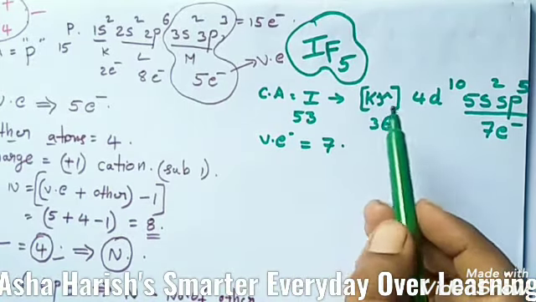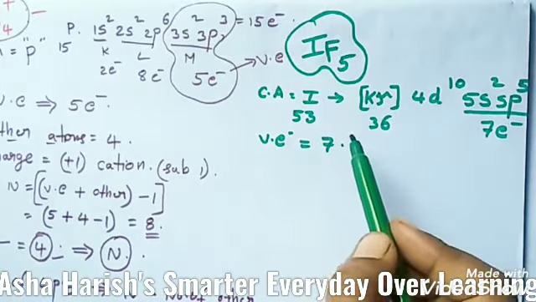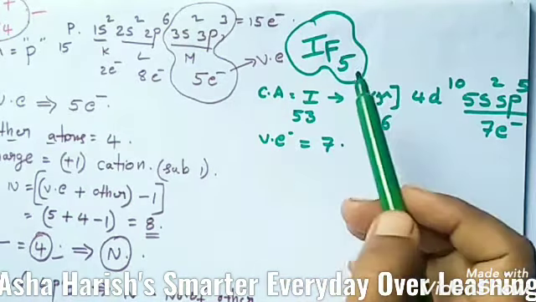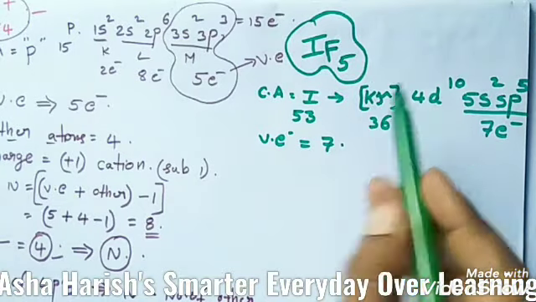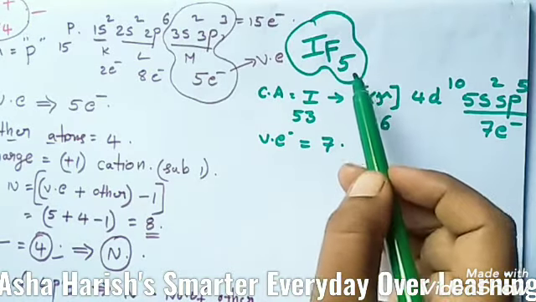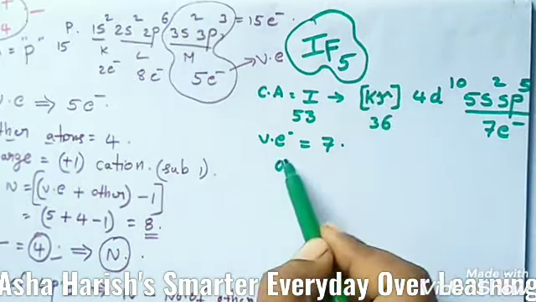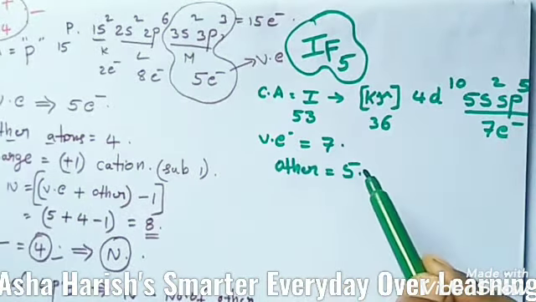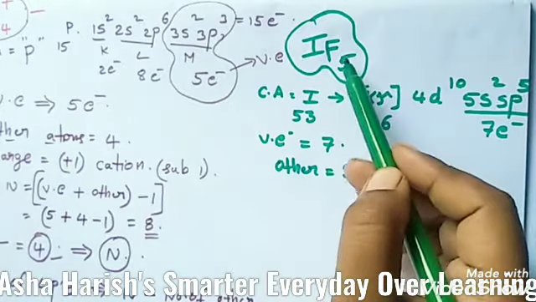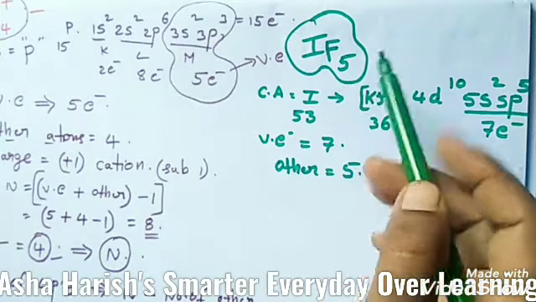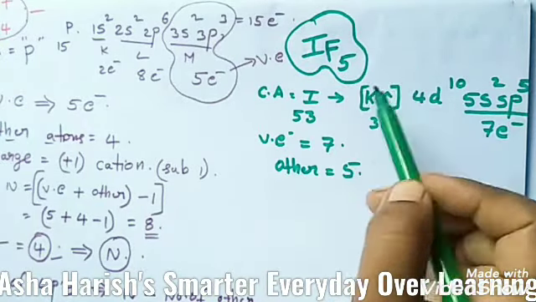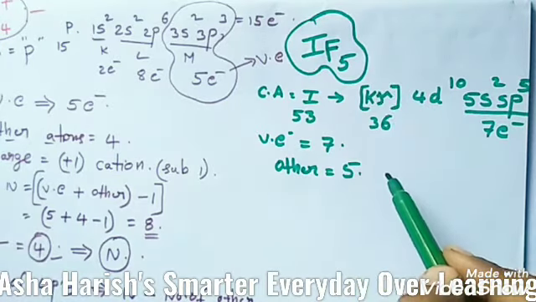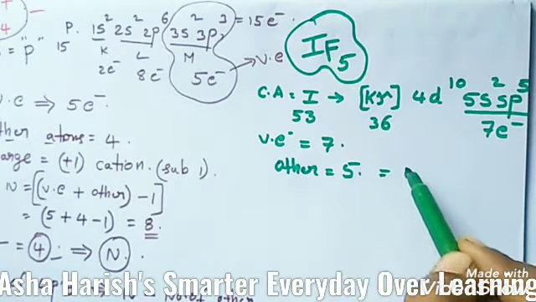Now students, you need to identify the number of other atoms. Other atoms are nothing but the surrounding atoms. Here I is the central atom, and fluorine atoms are the surrounding atoms. Now the other atoms are 5. There are no ions, so there is no need to write a charge; you can simply ignore this.